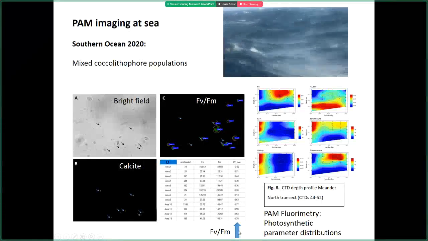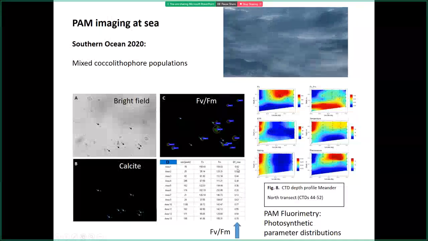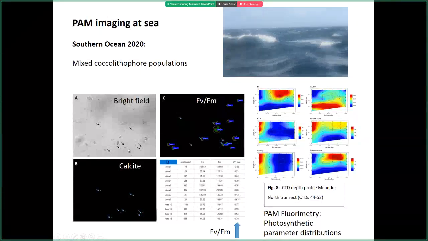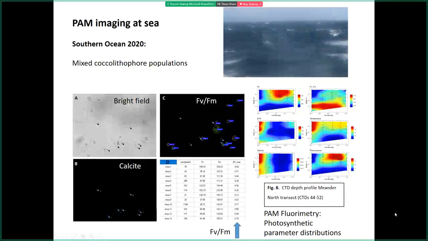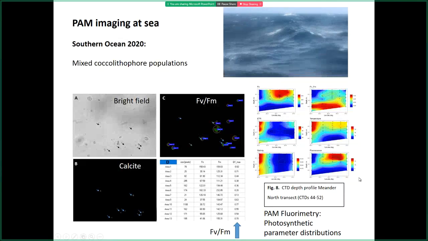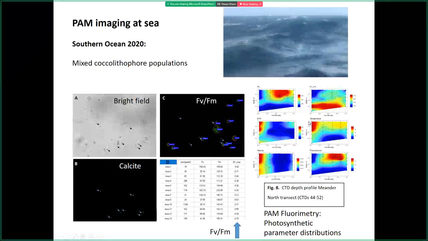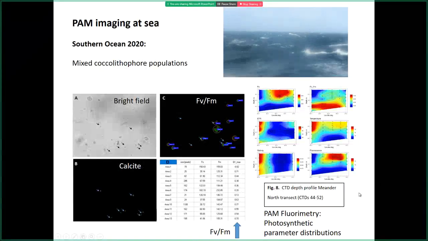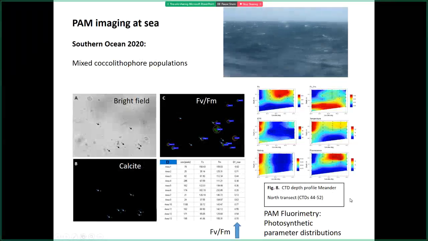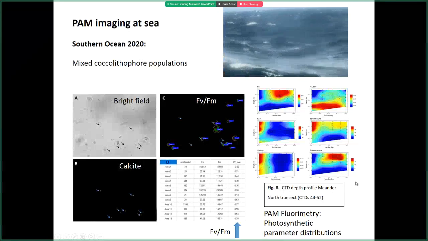And then the table here gives the values of FV over FM for all of those cells that we were able to measure. And we can combine that kind of study with PAM fluorometric image measurements over much wider areas and with depth profiles over whole regions of the ocean. So that's work in progress, and there's a heck of a lot of analysis still to be done.